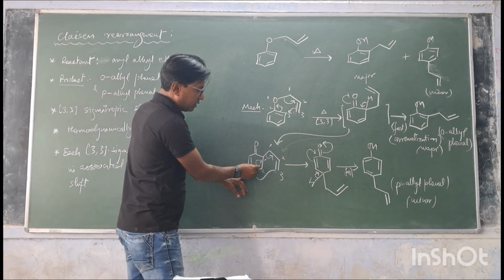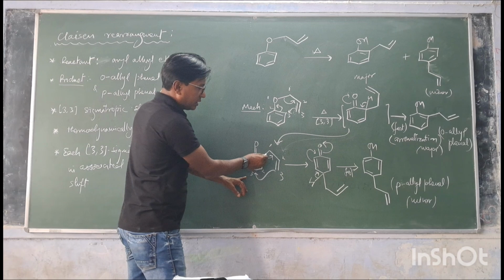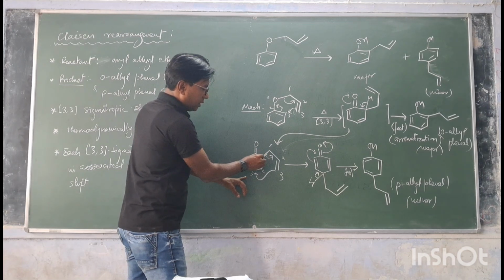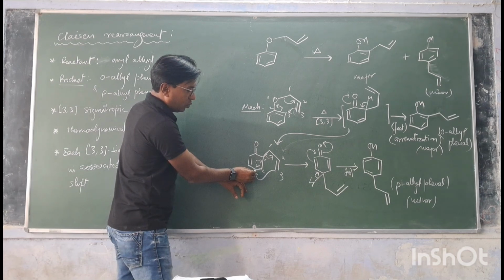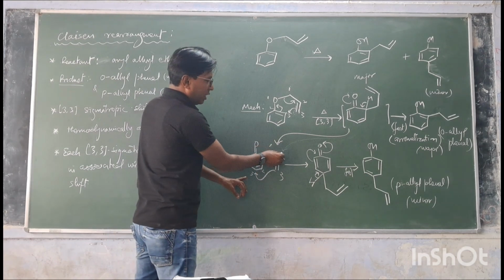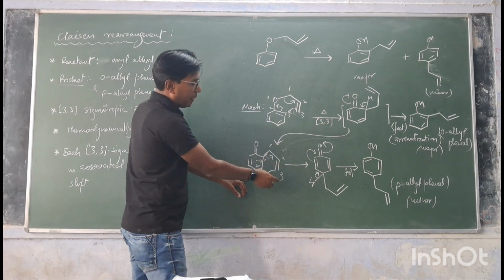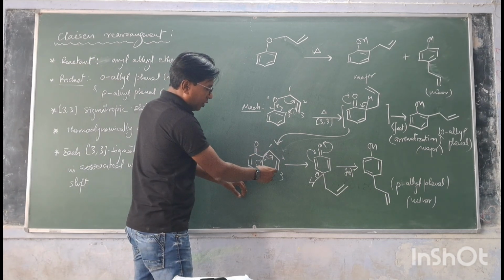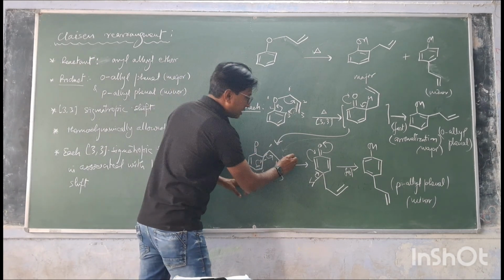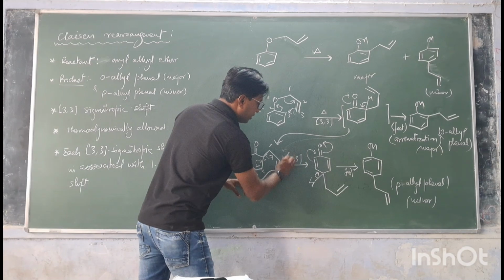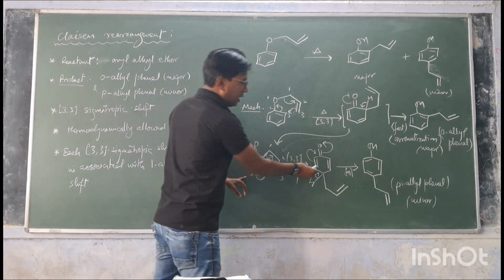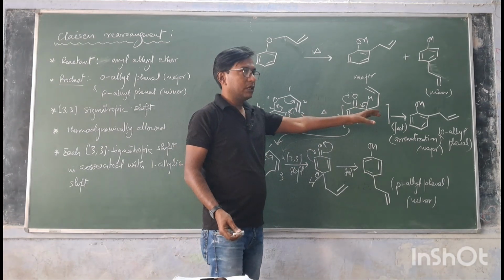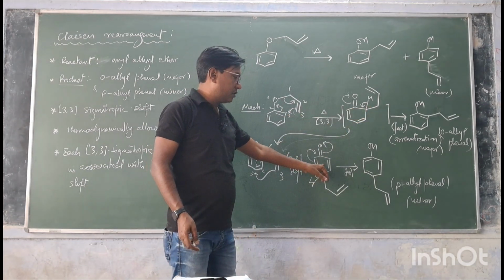The bond will move towards this, breaking this bond. Again, I can number it 1, 2, and 3 to show you the para shift, and 1, 2, 3 to show you that the new bond formed is again between 3 and 3. Therefore, this is again a [3,3] sigmatropic shift, and you will have this. Similar to the ortho position, this ring is not aromatized.